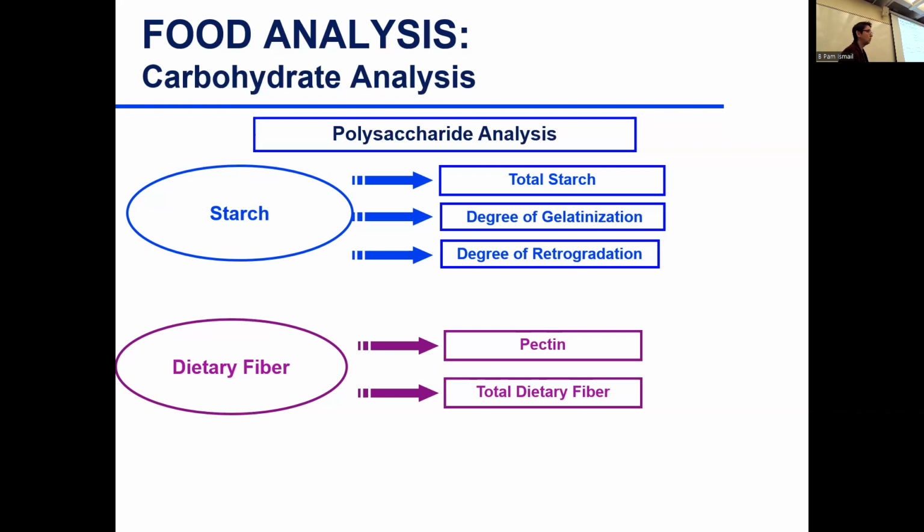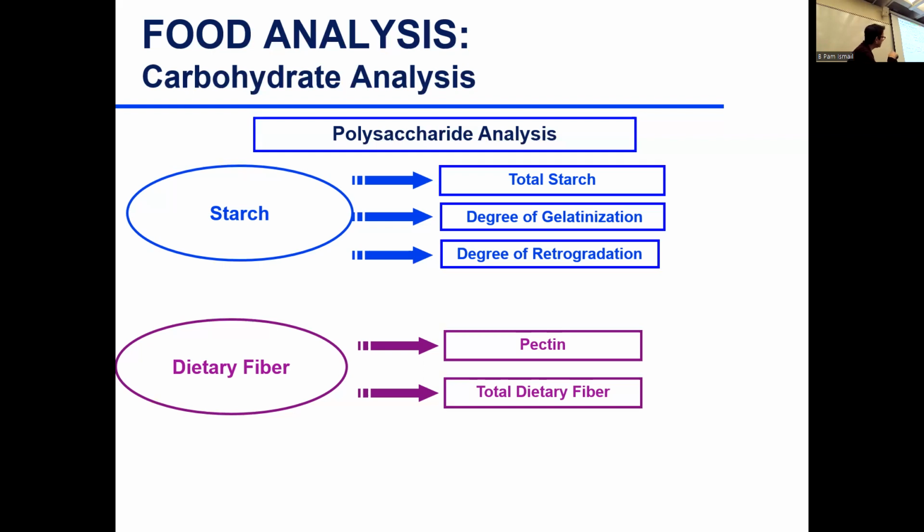Sometimes starch retrogradation is beneficial from a health perspective if we generate resistant starch, which is non-digestible, you have low glycemic index. Sometimes retrogradation is not desirable, like in bread staling. So these are important assays.